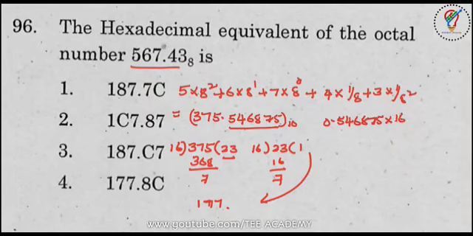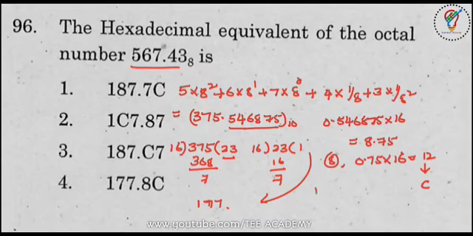Now we get 8.75, so 8 will be there. Next, 0.75 multiplied by 16, we get 12. So 12 in hexadecimal is equivalent to C here. Now the exact answer is 177.8C. So for this question, the fourth one is the right answer.